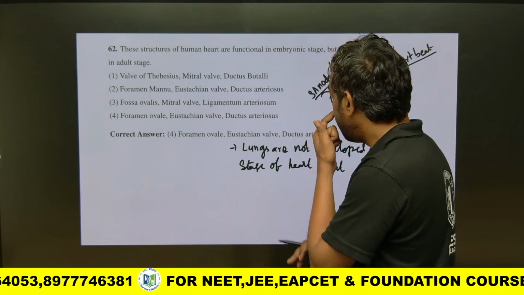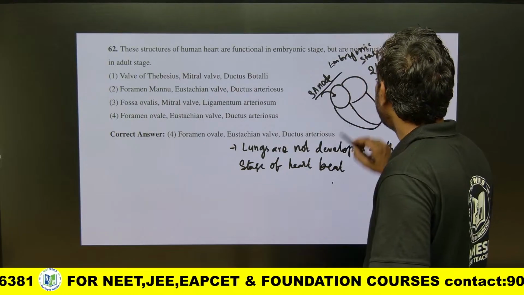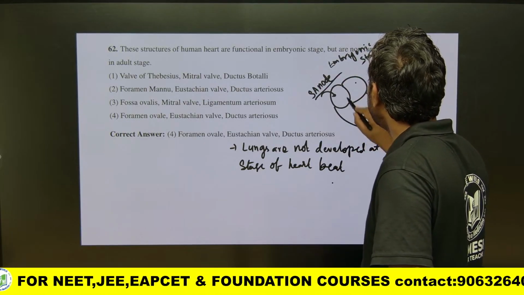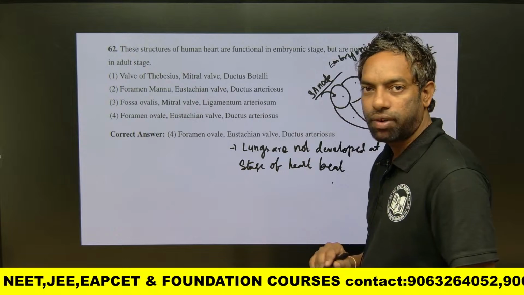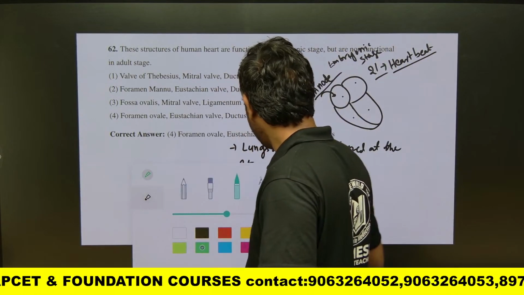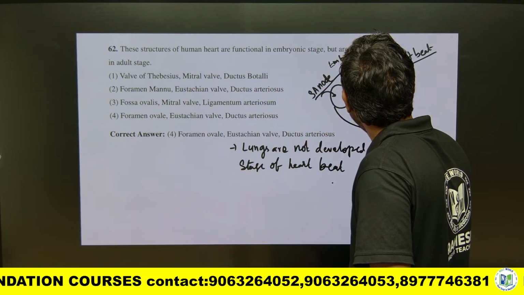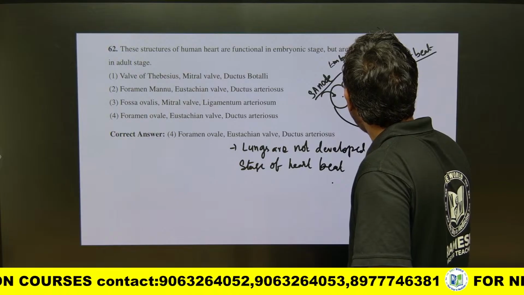So the fetus takes oxygen from the mother, and the atria and ventricles start to function. There is a hole between the two atria, with a valve.